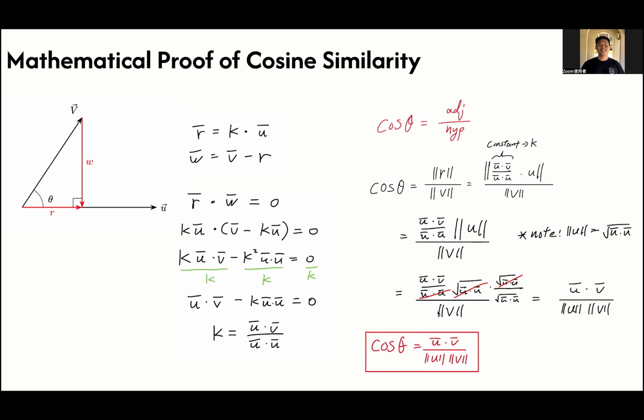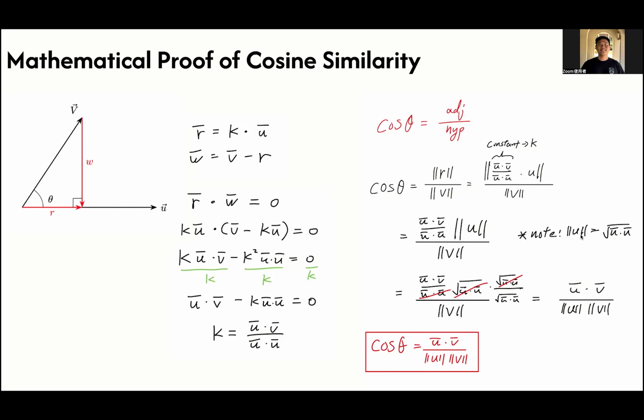Now we can substitute this result into the cosine formula to simplify it to the cosine similarity equation. We know cosine is adjacent over hypotenuse, which is the length of r divided by the length of v. Then we can substitute, and k is just a constant equal to the result we just got. We can move it out because it's a constant, and then we have this formula.